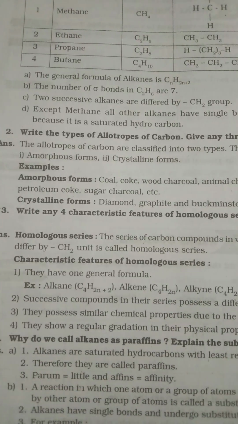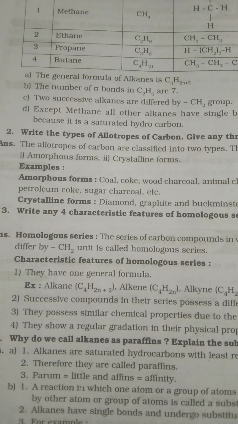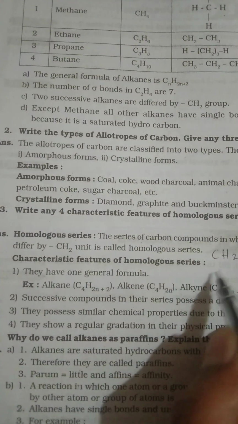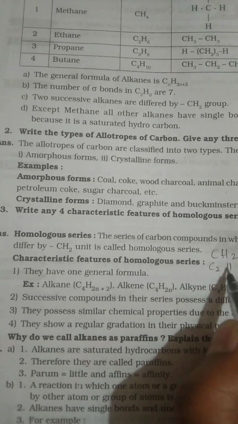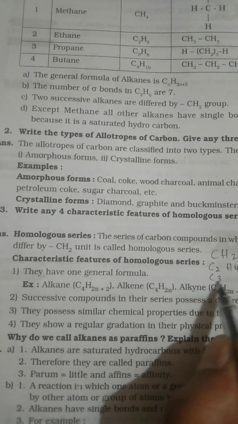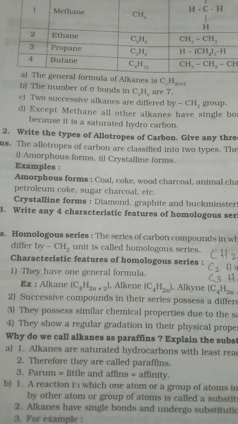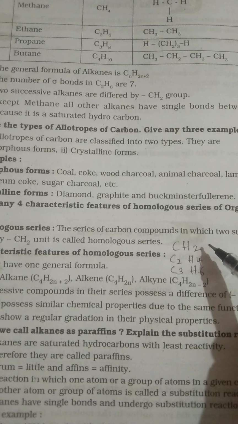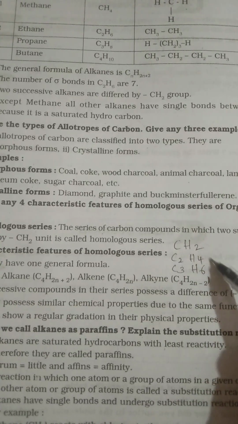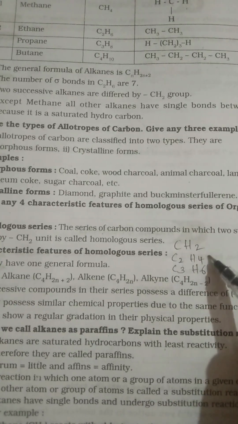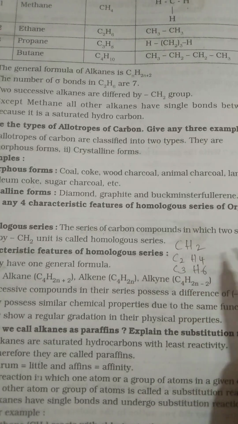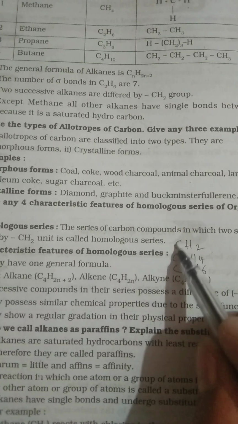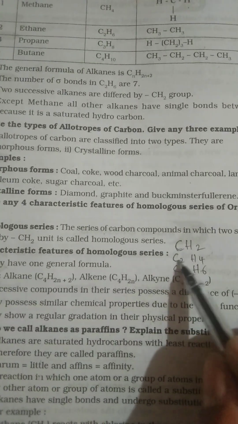For example, CH2, second one is C2H4, third one is C3H6, fourth one is C4H8. If you observe, they are series of carbon compounds in which two successive compounds differ by CH2 unit. Here we have only one carbon, here we have two carbons.